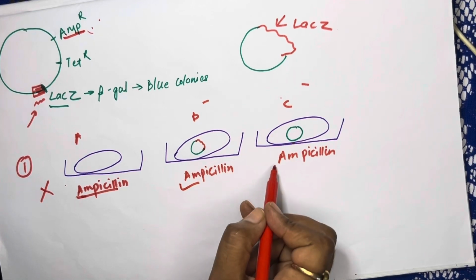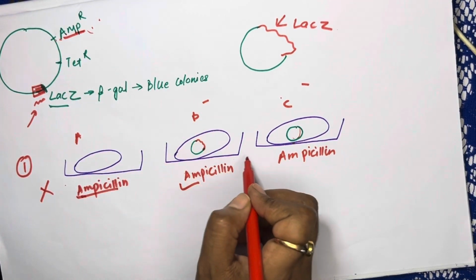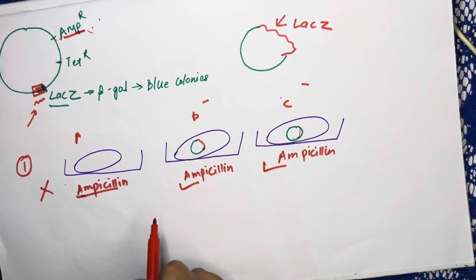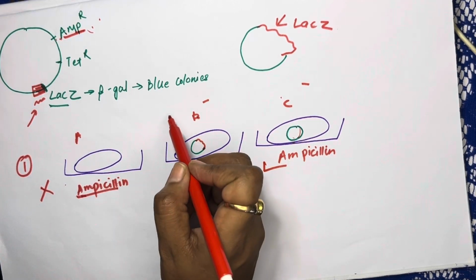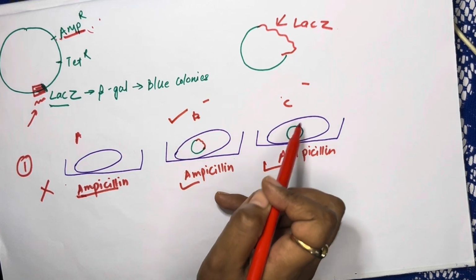The third bacterium also has the plasmid with the ampicillin resistance gene in it, so it will also be able to survive in ampicillin media. Okay, so now we have B and C, but we are concerned only about B. We only need B. We have to eliminate C also.